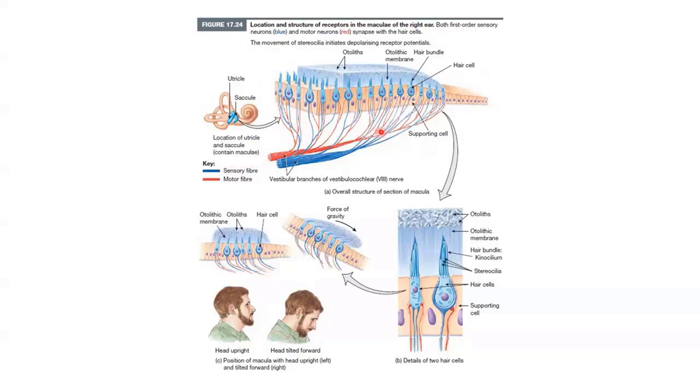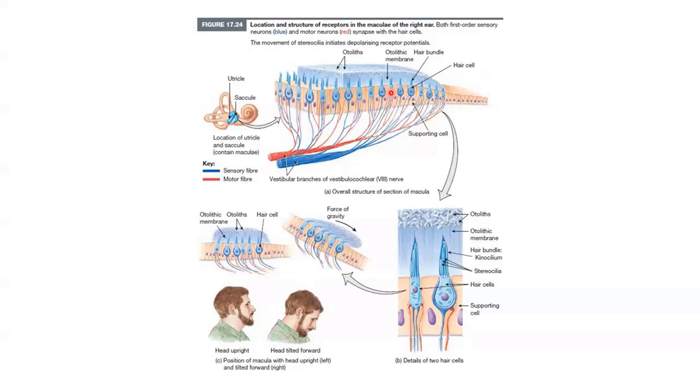Now, our macula consists of two kinds of cells: hair cells, which are the sensory receptors, and supporting cells, which surround the hair cells. So our supporting cells are this beigey pink colour down the bottom. Our hair cells are in blue. Sitting on top of the hair cells are stereocilia, which are like really fine little hairs extending out the top, and then one long hair called a kinocilium.